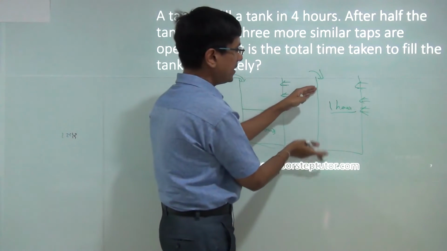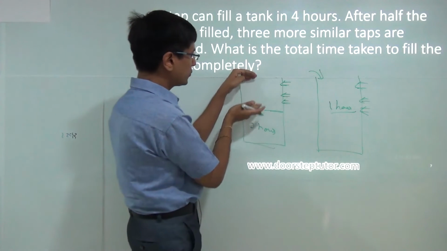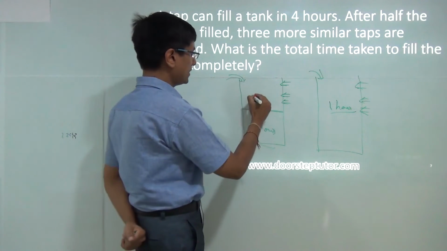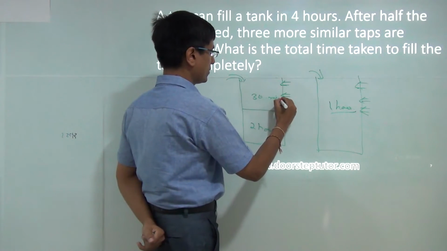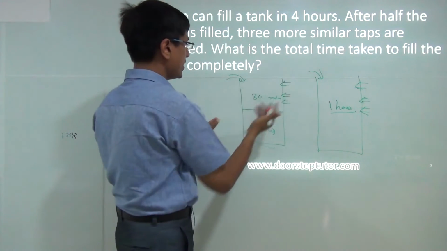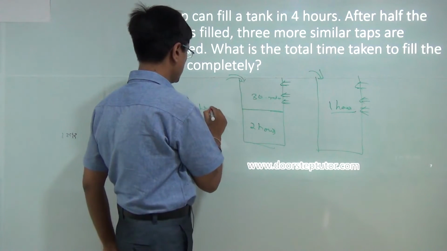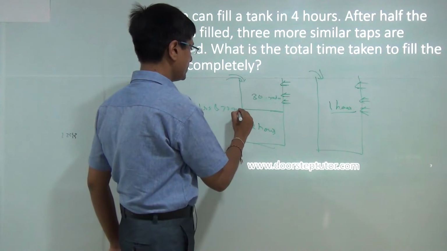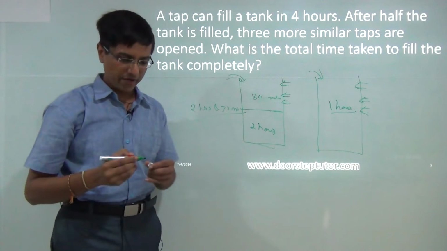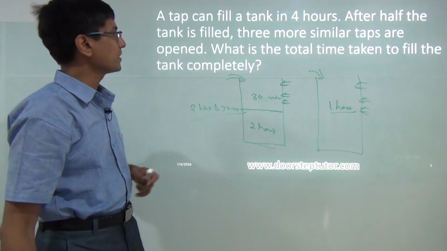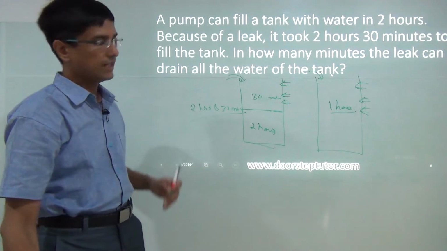They fill one full tank in 1 hour, so half of the tank they will fill in 30 minutes. So the total time in this scenario is 2 hours and 30 minutes, and that's my answer. Very simple. Let's move on.